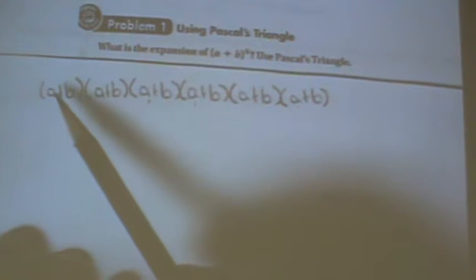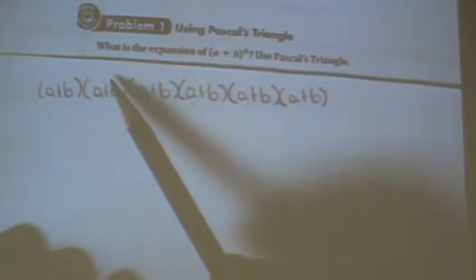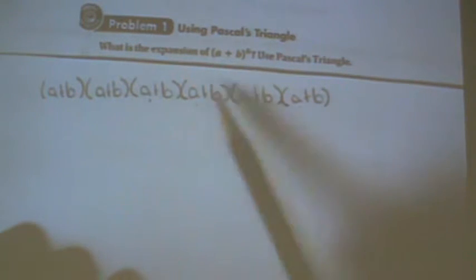That actually means that we're multiplying a plus b 6 times. So we have the quantity a plus b times the quantity a plus b times a plus b, and so on, 6 times.